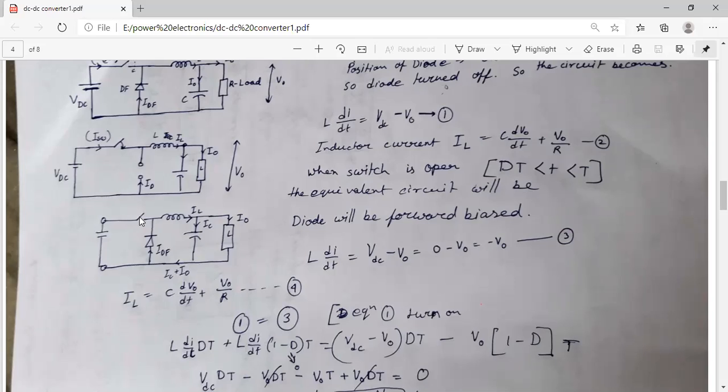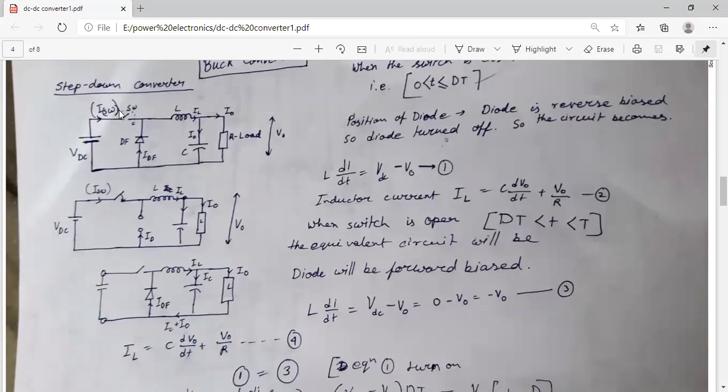Now when the switch is off, what will happen? When the switch is open, the circuit will be like this. The current will flow through the diode and the diode will be forward biased.